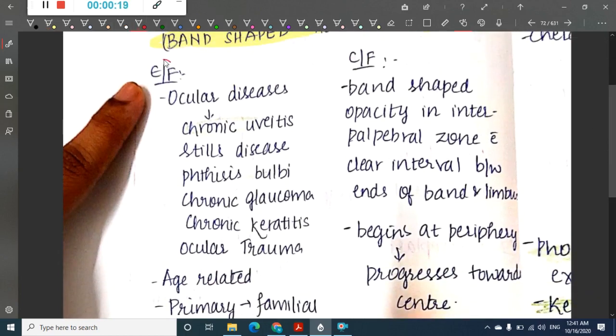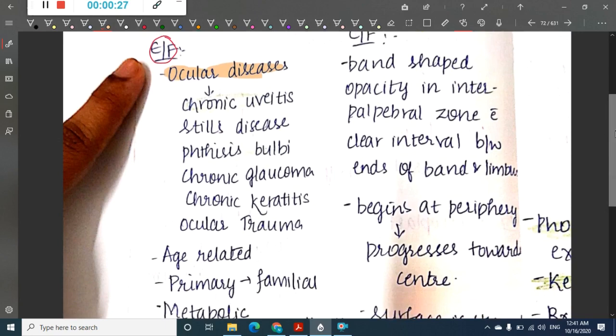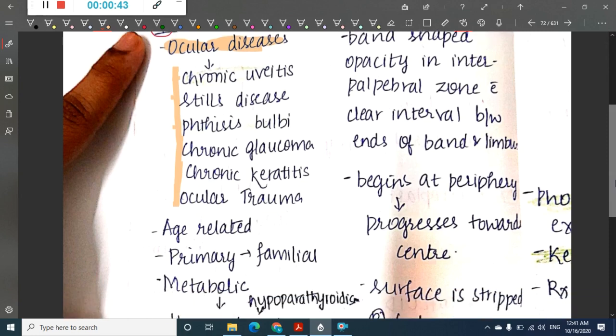If you see the etiological features, it is most commonly seen in ocular diseases, which include chronic uveitis, Still's disease, phthisis bulbi, chronic glaucoma, chronic keratitis and ocular trauma.